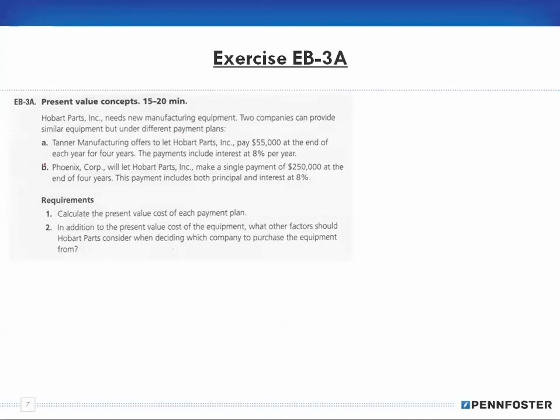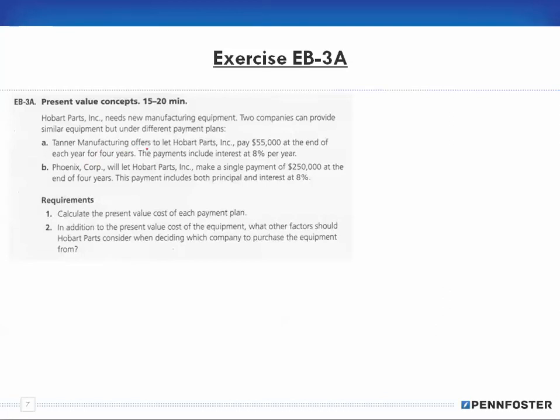So we're going to be comparing the 2 different companies. And again, if you watched the previous video, you saw why trying to intuitively guess which option you should take is oftentimes wrong. You have to do the math in order to determine which option is the most beneficial. In this case, we're comparing 2 companies.